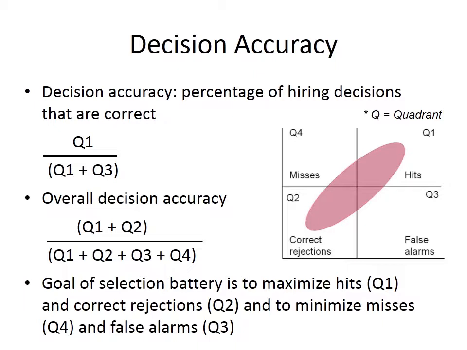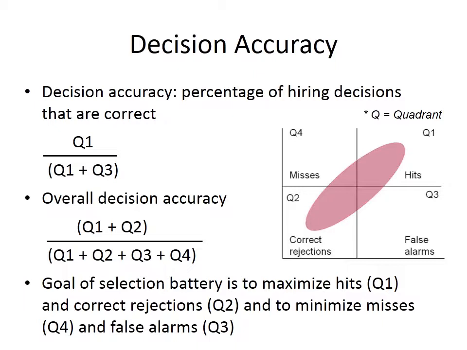So Q2 is our correct rejections, Q4 is our misses, and again, a lot of times we are inferring this data because we won't have it, because we didn't hire those people, so we don't know if they would have performed or not. But based on the quadrants of Q1 and Q3, the data we usually have, we can then extrapolate what the rest of this graph will look like, assuming a linear relationship.